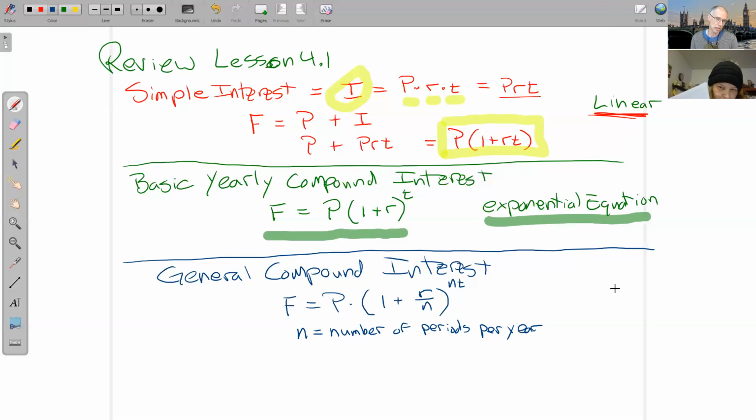And those numbers are either like just once a year, as this green formula up there, but n could be 1 for yearly, 4 for quarterly, 12 for monthly. We could even collect interest every day, 365 days in a year, among other options. But the common ones are yearly, quarterly, monthly, daily.